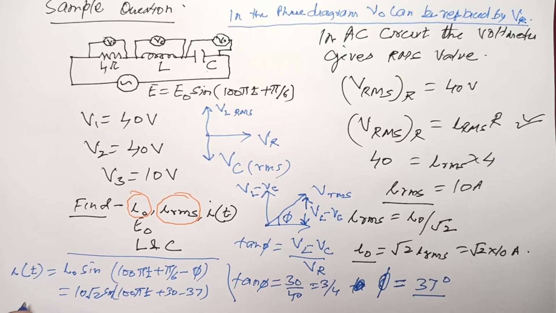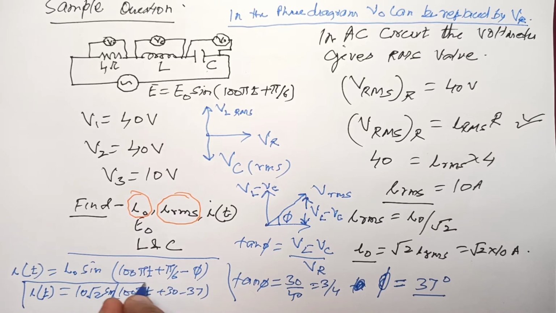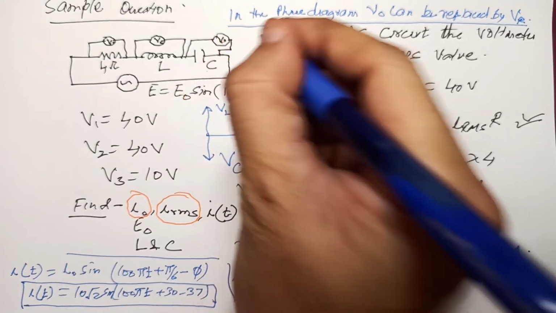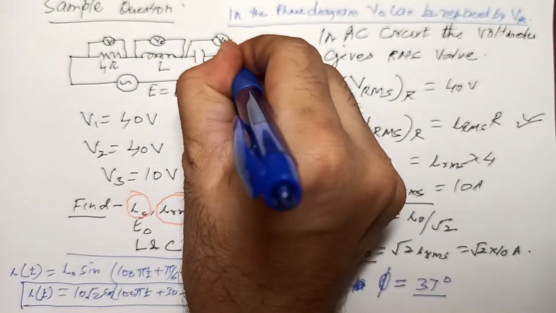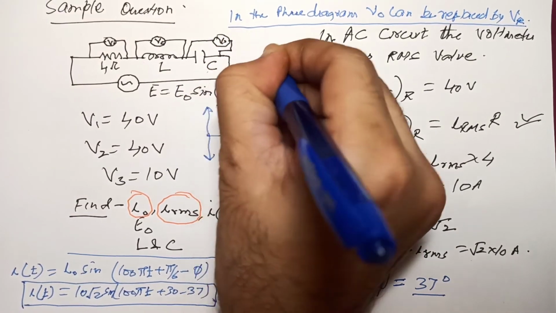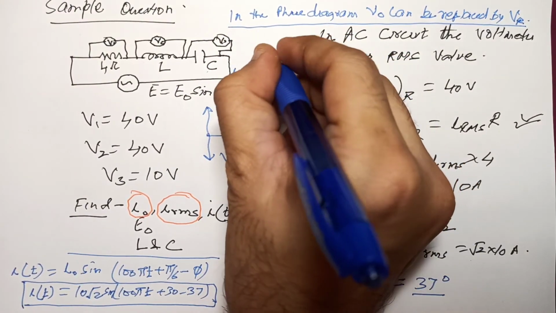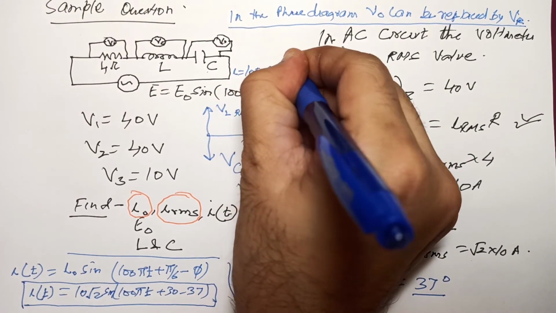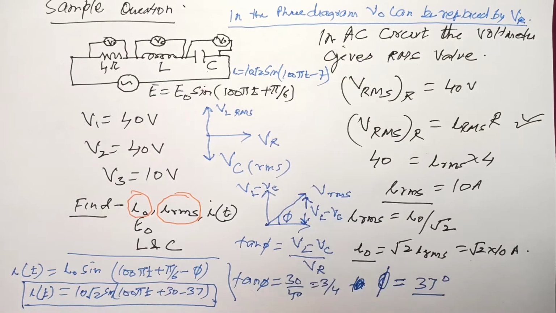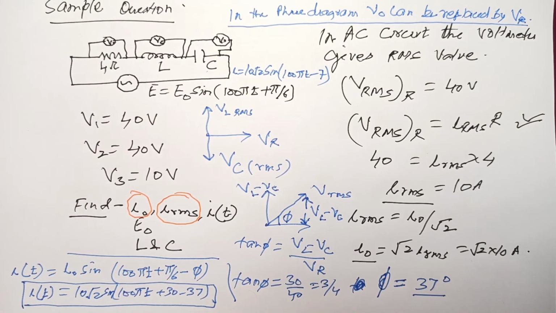This is the equation of current. So I is equal to 10 root 2 sine of 100 pi t minus 7 degrees.